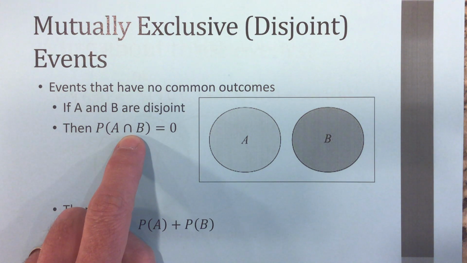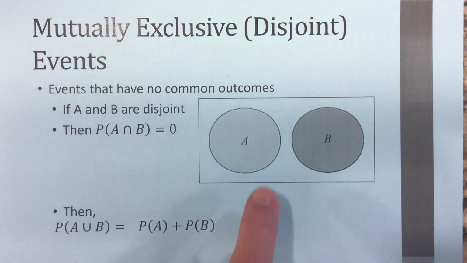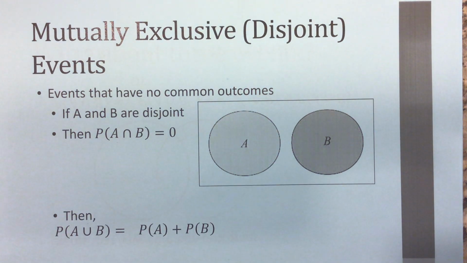They cannot both happen at the same time. Give you another example. Let's say I roll a die. Event A is rolling an odd number. Event B is rolling the number 2. Again, those are disjoint. If I roll the die, I can't get an odd number and the number 2 at the same time.